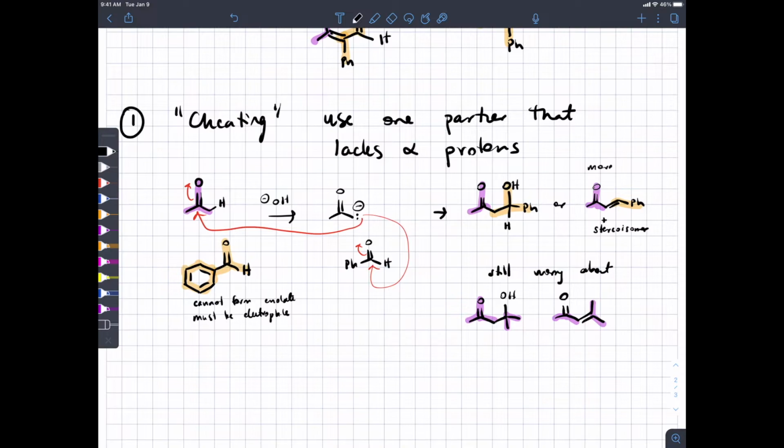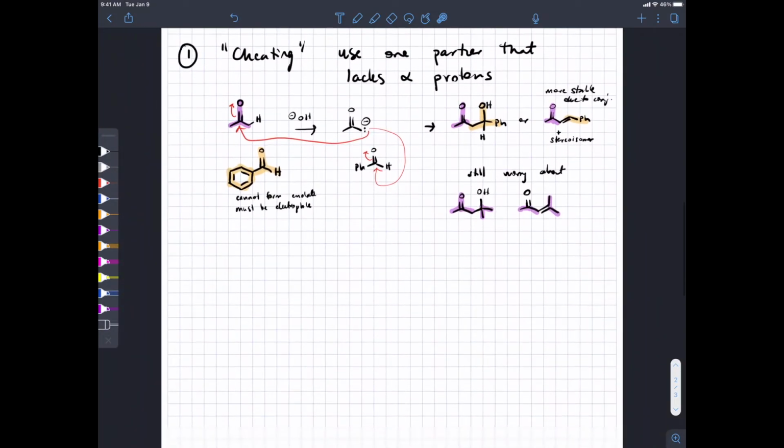In this case, this is probably more stable due to conjugation between the benzene ring and the alkene and the enone. So you probably could expect this product to dominate over this one. But it's still kind of iffy. So that's a solution. It's perhaps not the best one, but it's a strategy you can use.